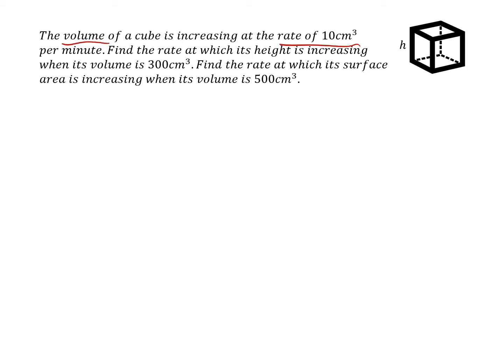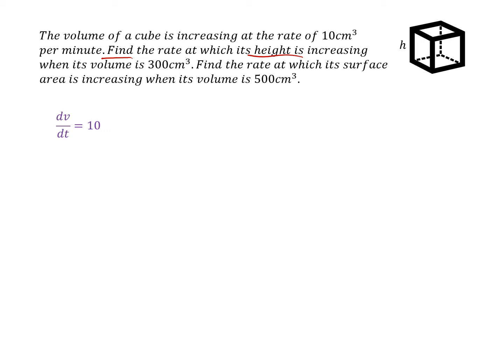Okay, the question tells us that the volume of the cube is increasing at the rate of 10 cubic centimeters per minute. So we can write down dV/dt equals 10 straight away, a little simple differential equation. Now we're trying to find the rate at which the height is increasing.